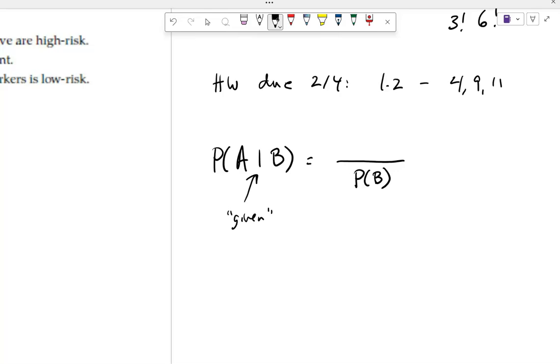Now, given that B happened, we also want A to happen. So this is why it's not just the probability of A on top, because A may happen without B happening. So on top, we're going to do A and B.